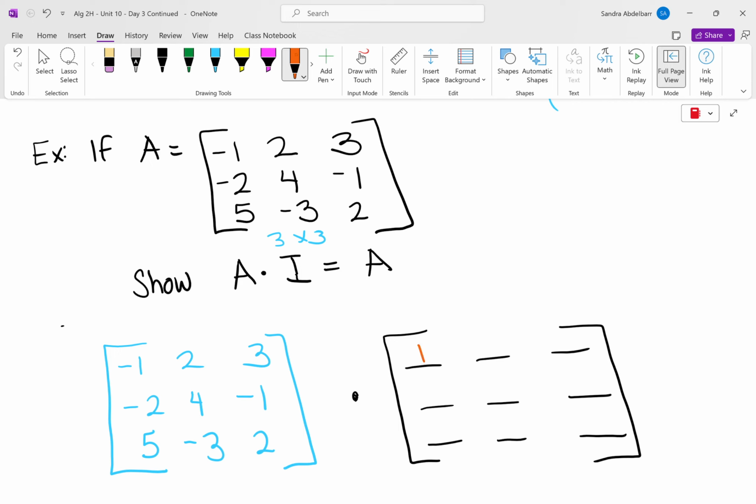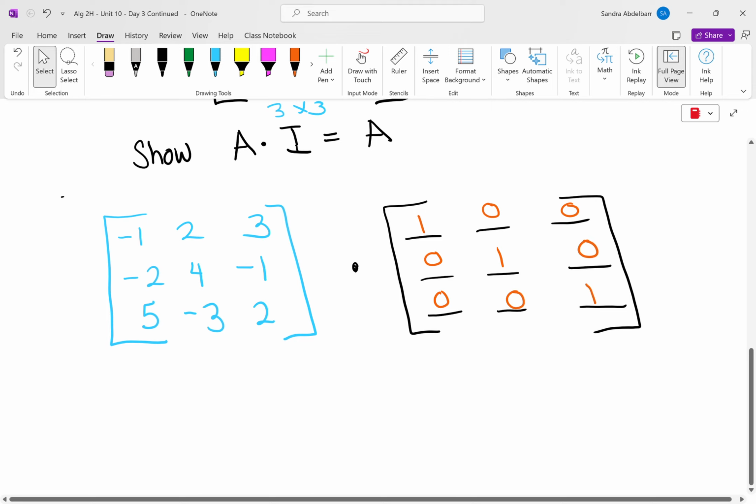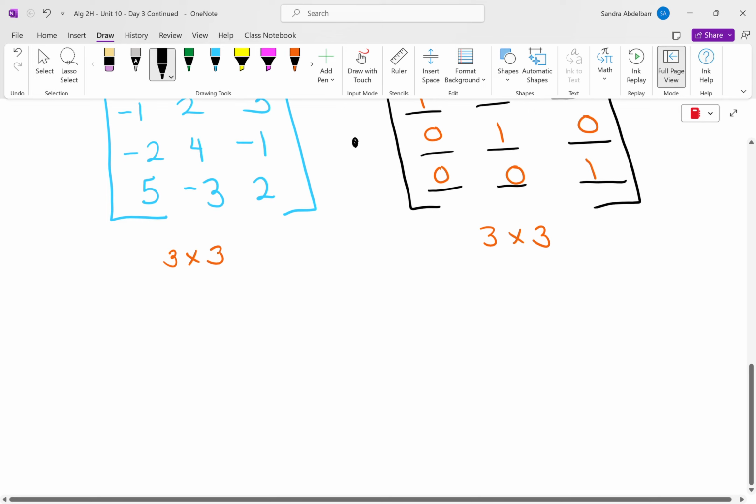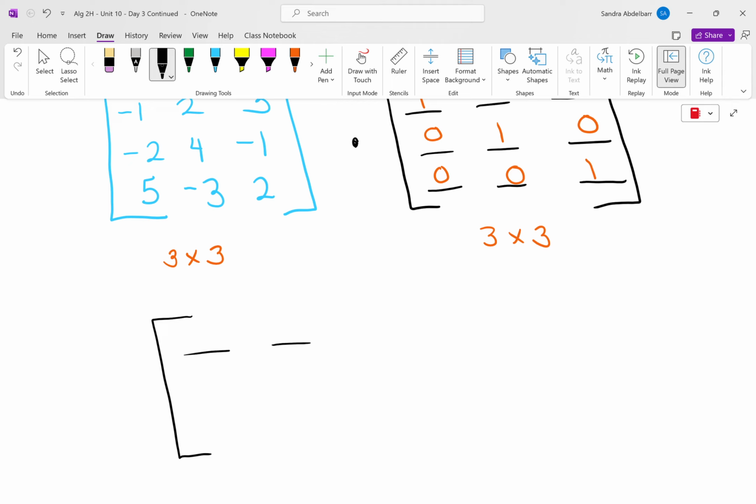So upper left is a 1, and then a 1 on its main diagonal, and everything else is a 0. And I'm going to show that when I multiply matrix A times its identity matrix, I'm going to get back matrix A. So this is a 3 by 3 multiplied with a 3 by 3. What is my product matrix going to be? 3 by 3.